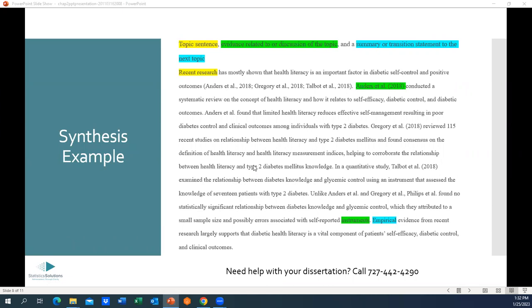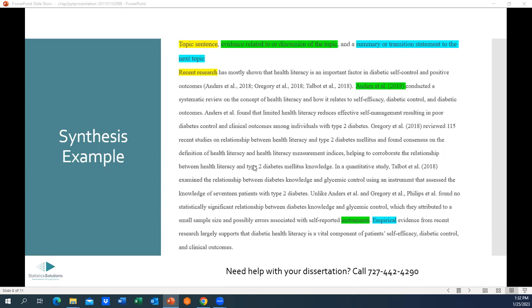Here's one that didn't show that it was effective. Most of them did. However, there was one. And then the analysis is here, which they attributed to a small sample size and possibly errors associated with self-reported instruments. That helps explain possibly why these results were different than the other ones.